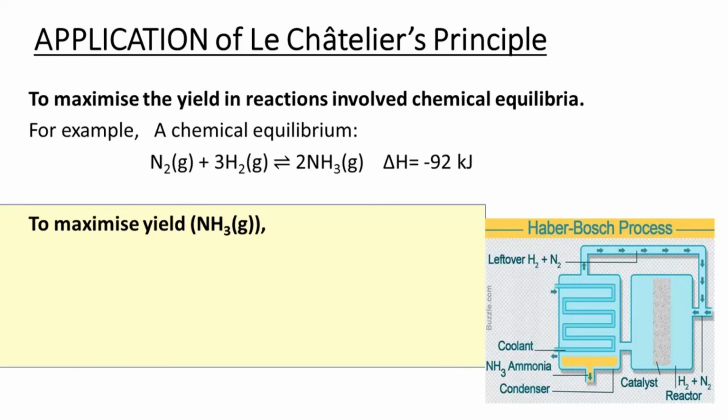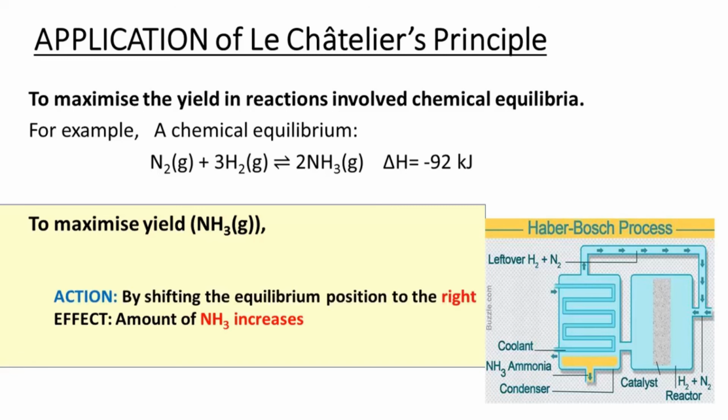For example, in the Haber process to produce ammonia, the manufacturer's aim is to maximize the amount of ammonia produced. To do this, the amount of ammonia must increase in the new equilibrium, so the equilibrium position must shift to the right.